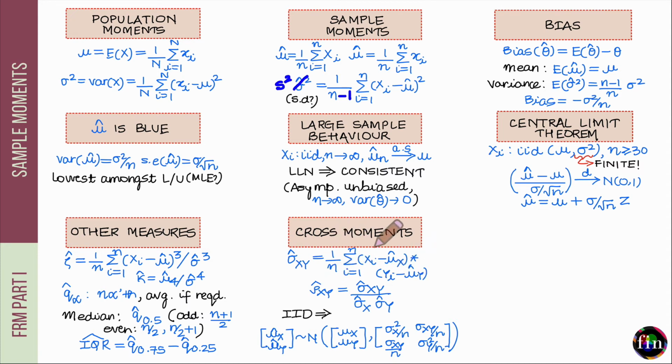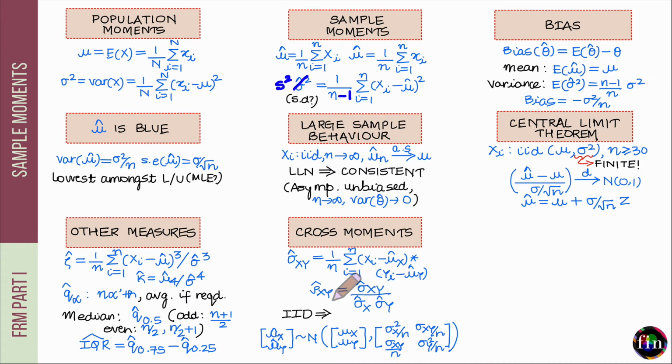This estimator may also be biased the same way as this estimator was. And to correct for the bias, all you have to do is replace this n by n minus 1, the same way as we did here. Okay. Once you know the sample-based covariance between x and y, you can actually scale this covariance by the standard deviation of x coming from the sample and standard deviation of y coming from the same sample to get an estimate of the correlation between x and y.